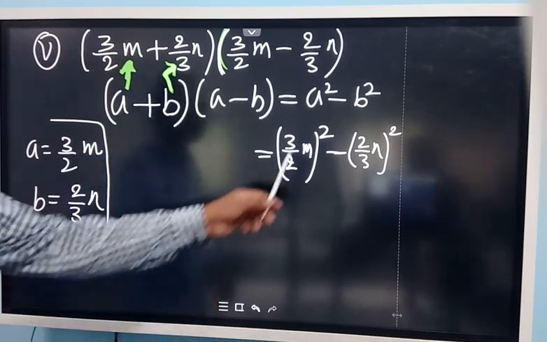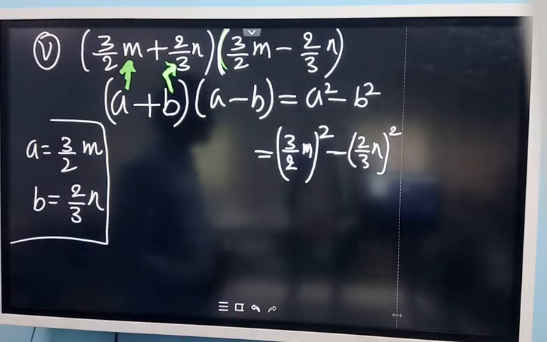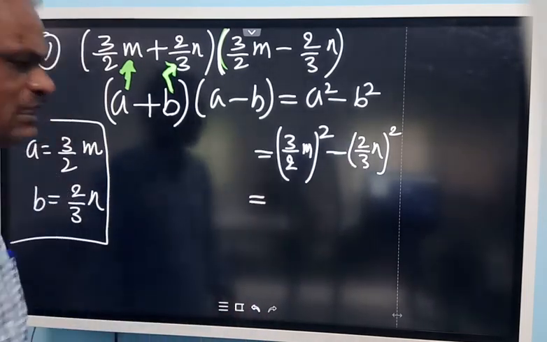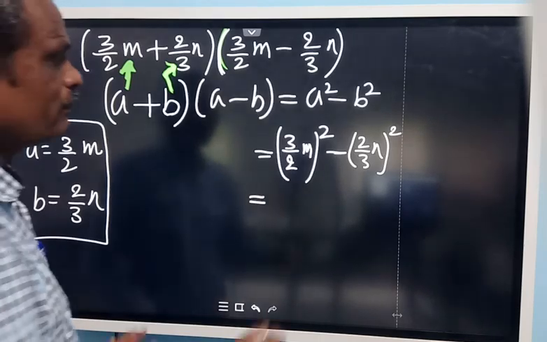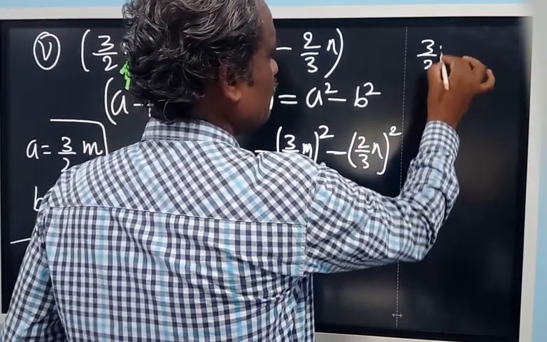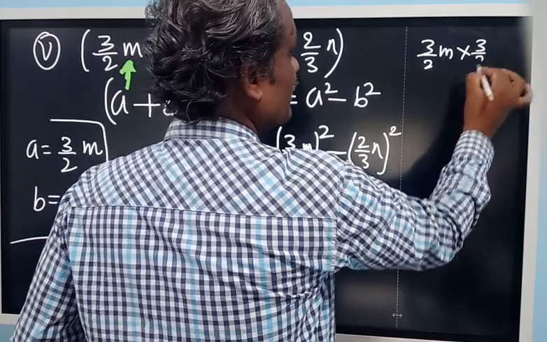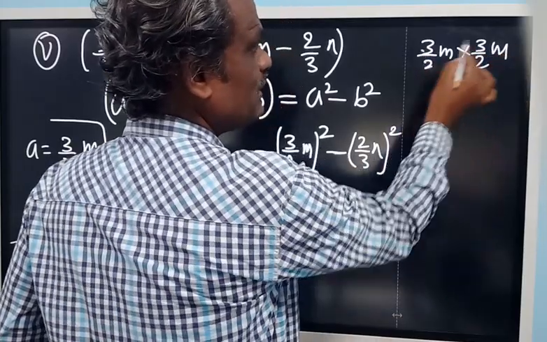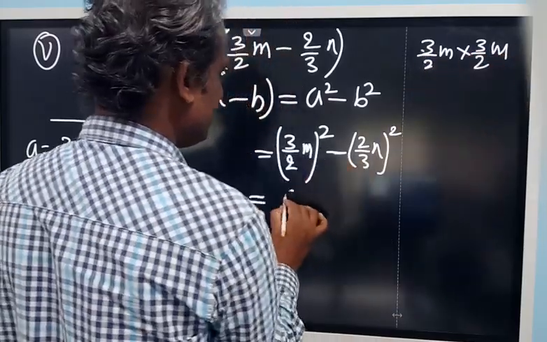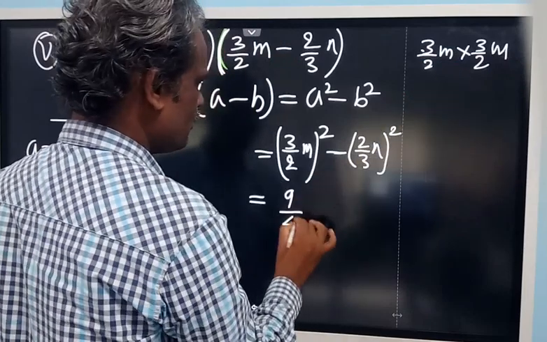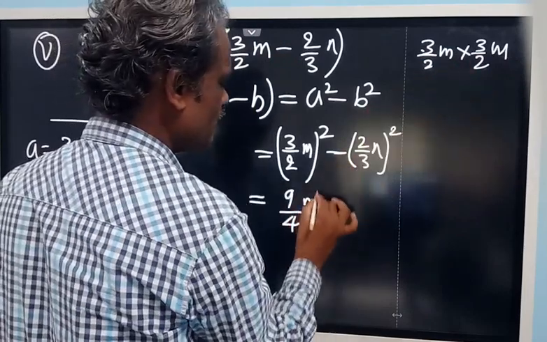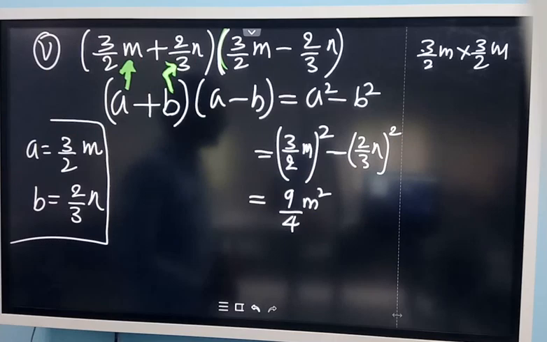So 3 by 2m whole square minus 2 by 3n whole square. Let us simplify it further. 3 by 2m whole square means 3 by 2m into 3 by 2m. So multiply the numbers. 3 3s are 9, 2 2s are 4, m into m is m square. So 3 by 2m whole square gives you 9 by 4 m square.